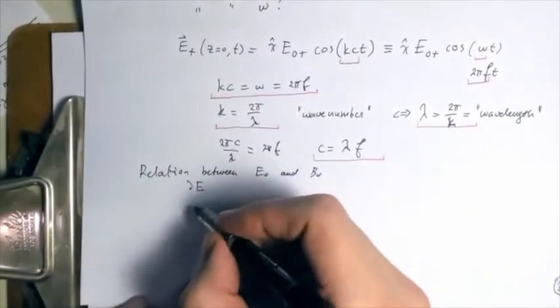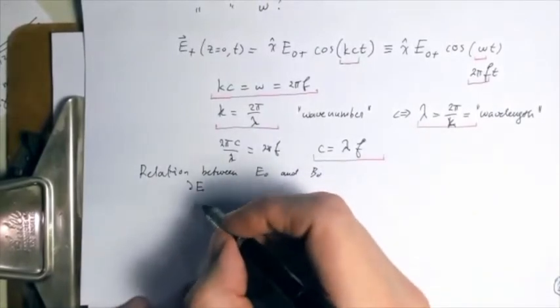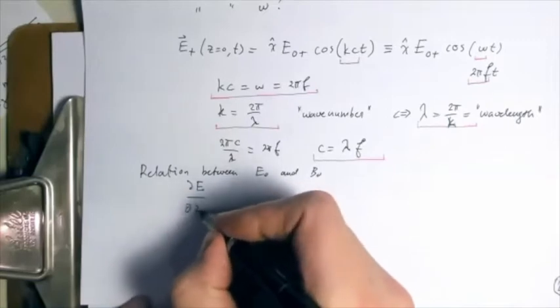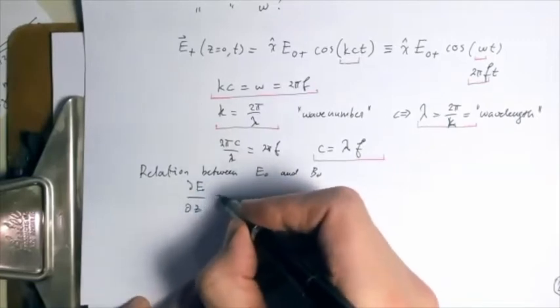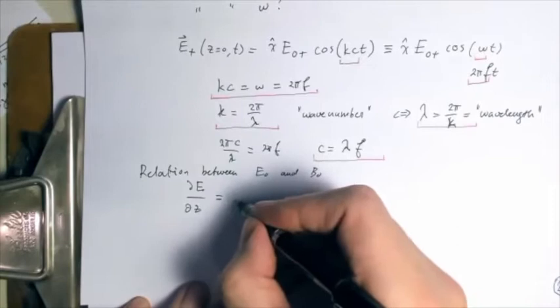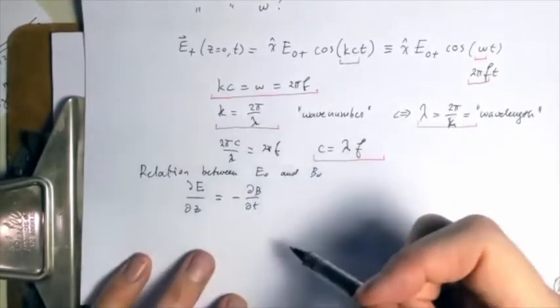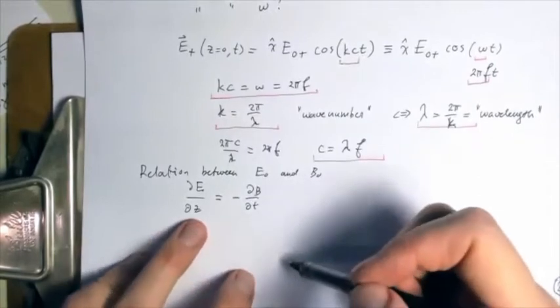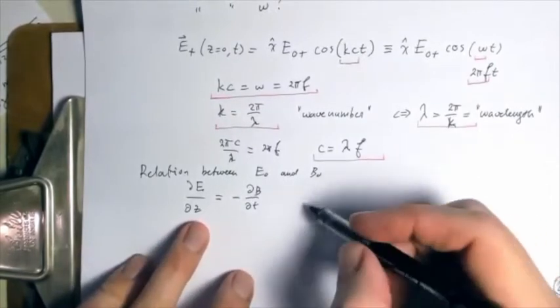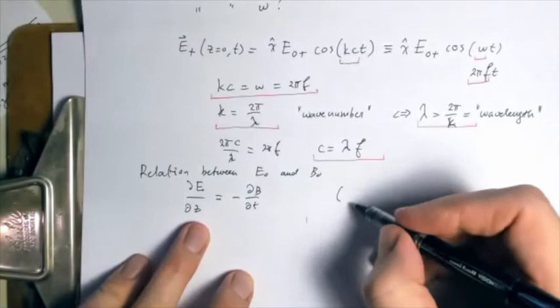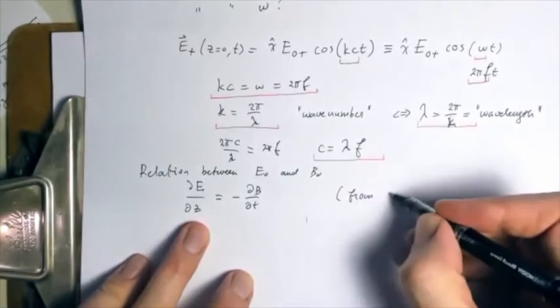So dE/dz equals minus dB/dt. We derived that from Maxwell 2.